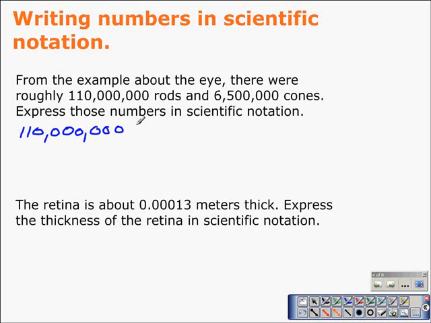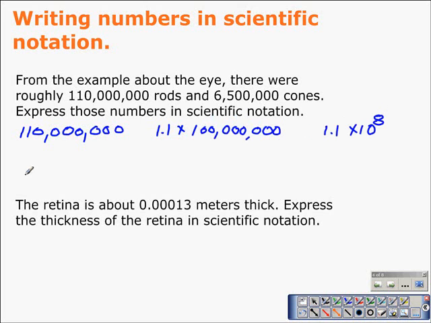If we express that in product form, that would be 1.1 times 100 million. And in scientific notation, that would be 1.1 times 10 to the, now we just count the zeros, 1, 2, 3, 4, 5, 6, 7, 8, so times 10 to the 8.